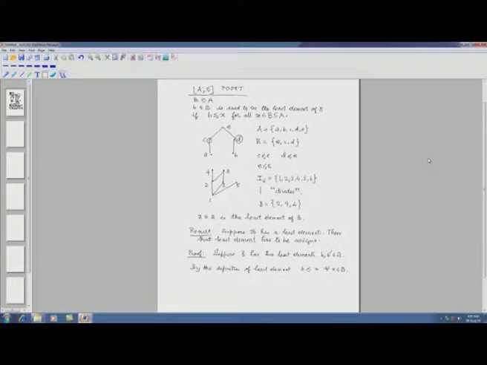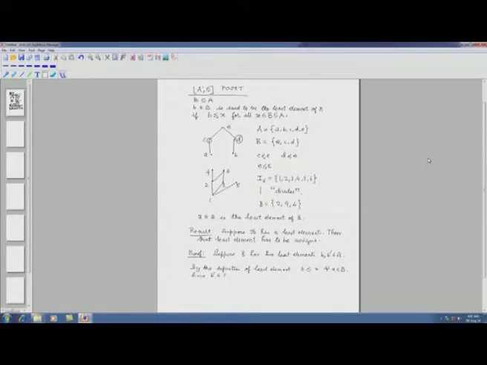Now, b prime is an element of capital B. Therefore, since b prime belongs to capital B, b is related to b prime.